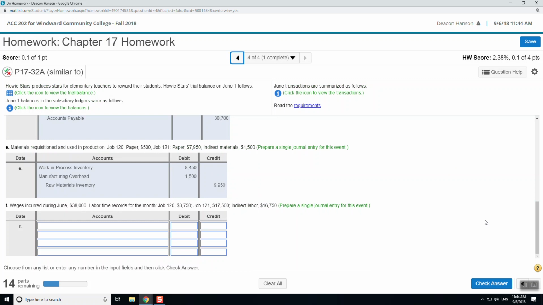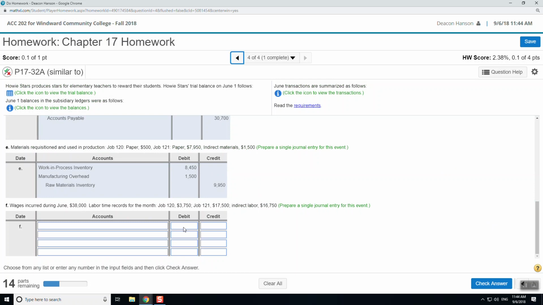Okay. Now, wages incurred in June, labor time records for the month. This one's a little more clear as far as what's direct and indirect, right? Of course, if you're working on a job, that's a direct labor cost. So any time spent directly on job 120, we can track that.